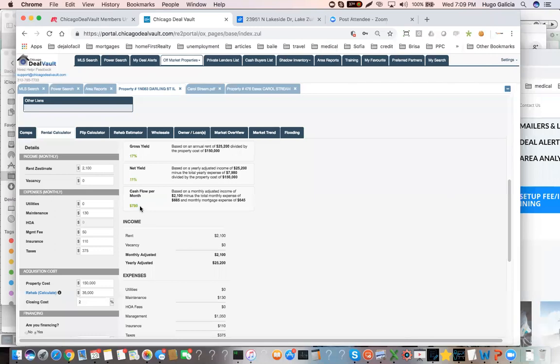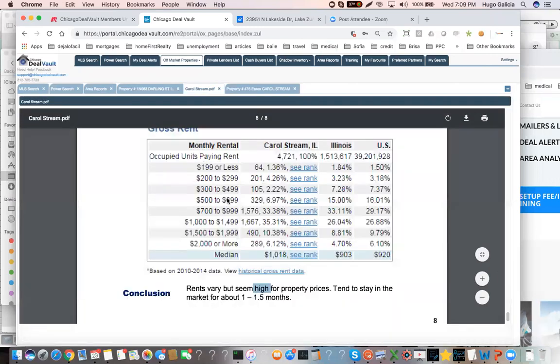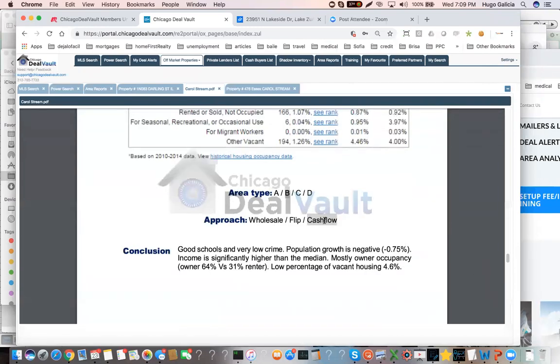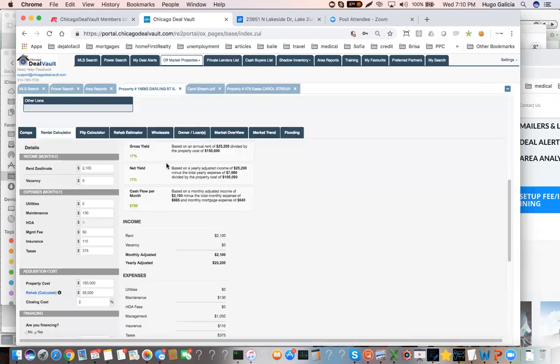So it's a no-brainer to do a buy and hold on this property. And that's actually what we recommend in the area report, right? So we recommend a cash flow approach in Carol Stream. Why? Because low vacancies, high rents, and they stay on the market for a month or so. So it makes sense to buy and hold this property.